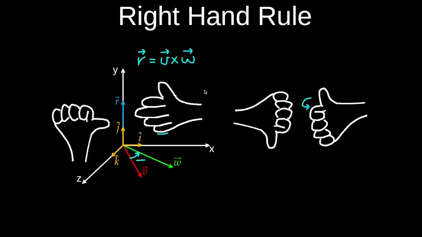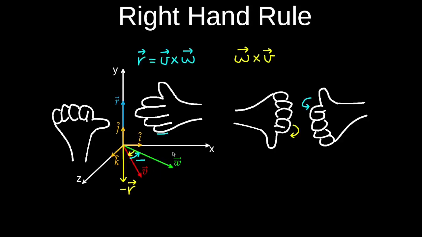Now in contrast, if you want to cross w with v, you would curl your fingers from the first vector w to the second vector v, which is shown over here. So therefore in this case the resulting vector r points downwards.